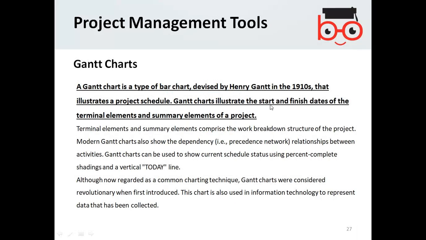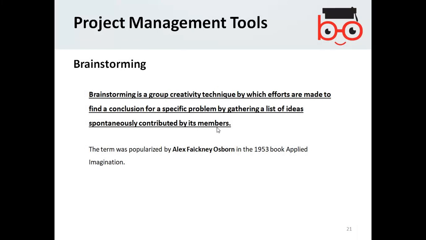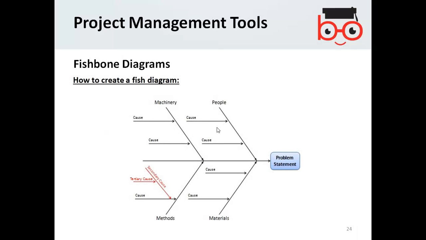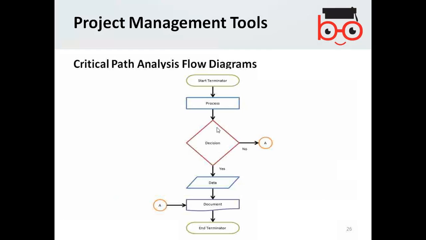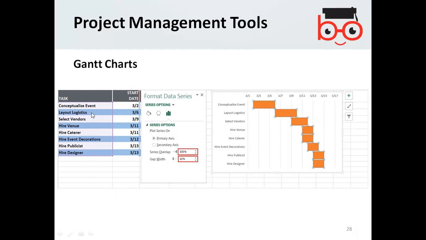Gantt charts illustrate the start and finish dates of the terminal elements and summary elements of a project. So the tools are brainstorming based on group activities, fishbone diagrams identifying the problems, methods and solutions, critical paths giving alternative solutions to the problems of software development, and then Gantt charts give you a time schedule.